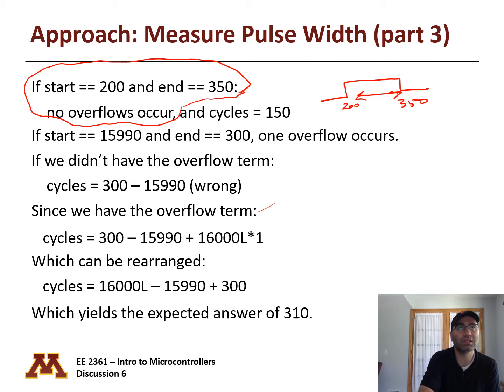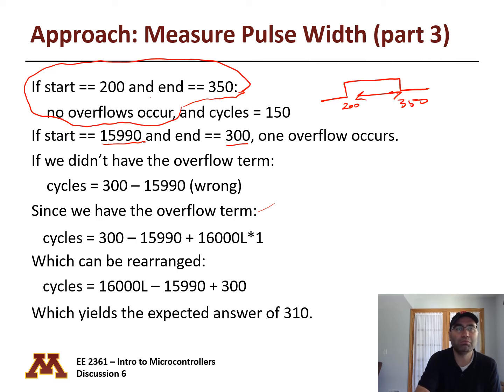In the second case, this is the count 1 value start, this is the count 2 value end, and one overflow happened. In that case, if you just say end minus start, of course you're going to get the wrong value. So you have to apply the formula.